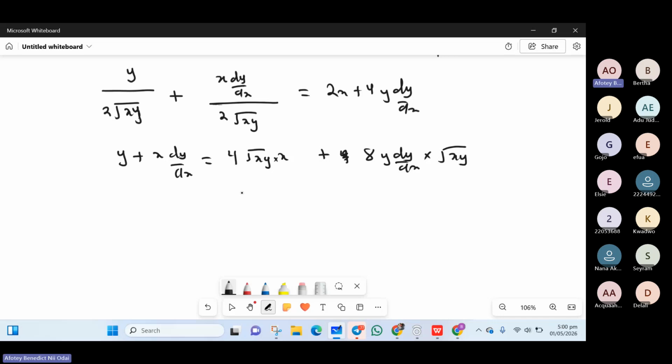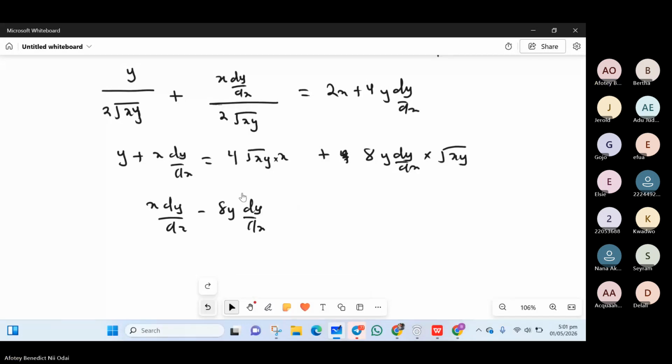So let's take our dy dx to one side, and we get x dy on dx minus 8y root of xy dy on dx. And this is equal to, we've left one out, this is equal to our y, negative y, of course, our 4 x root of xy.